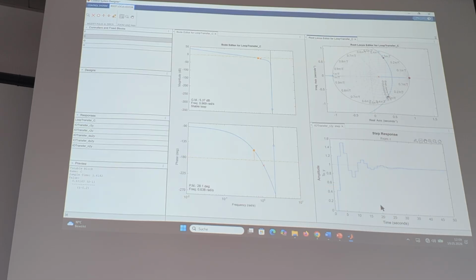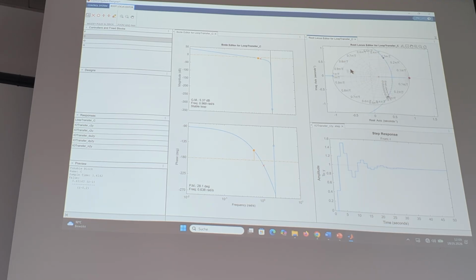Yeah, I mean, the way to define certain requirements is the same. You can make a right click here, and then you get into the local context menu, and here is design requirements.